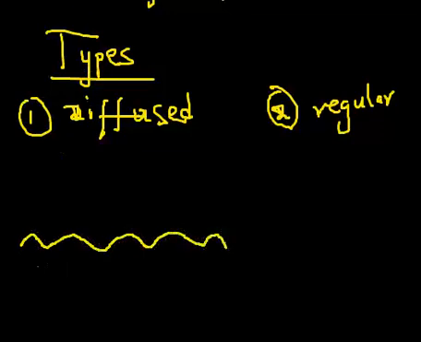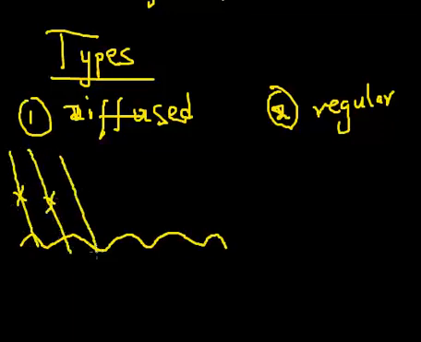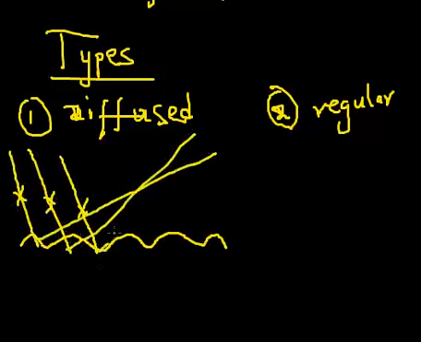Because the surface is not smooth, all the parallel beam of light that hits it, after it reflects, they scatter and cross each other. They are not parallel, even though the incident beam is parallel. The reflected beam is not parallel. When the reflected beam of light incident on a rough surface crosses each other, such a reflection is known as diffuse reflection.